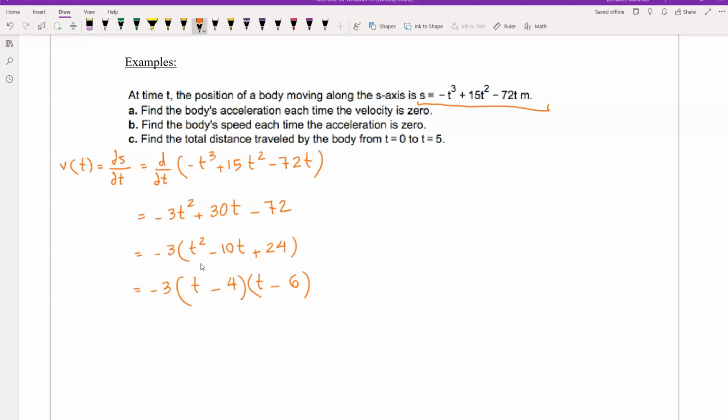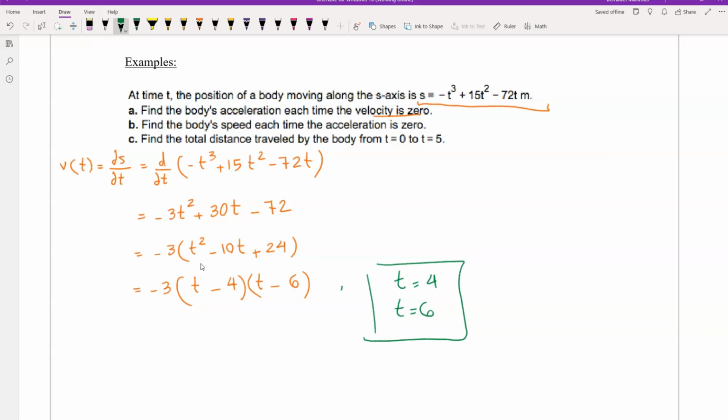Because here in part A it's asking for the body's acceleration each time the velocity is 0. So negative 3 times t minus 4 times t minus 6. And this is 0 when we have t equal to 4 and t equal to 6.